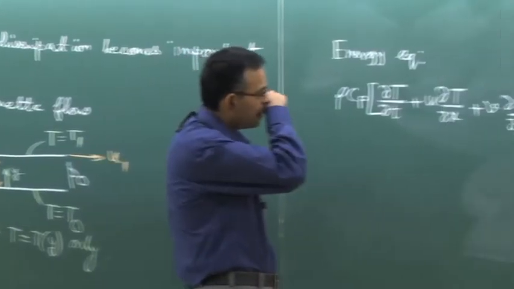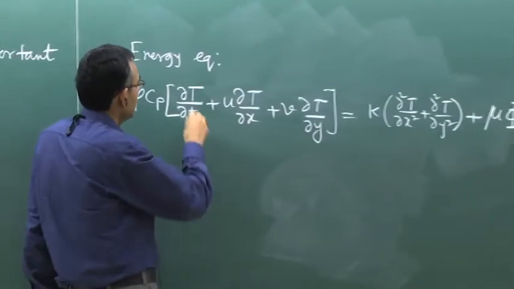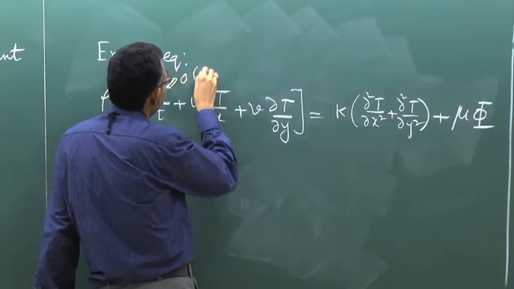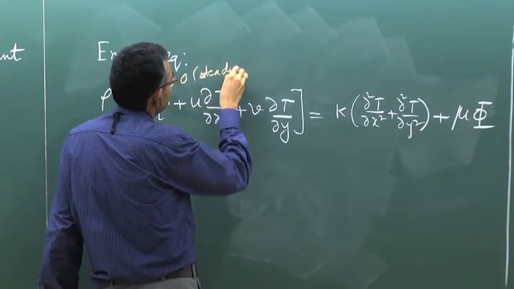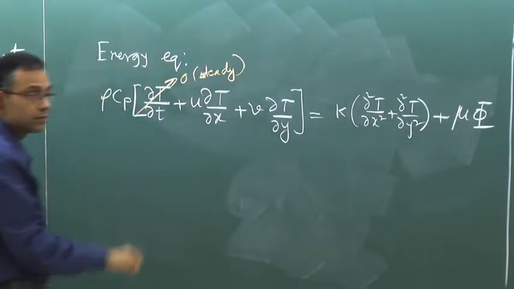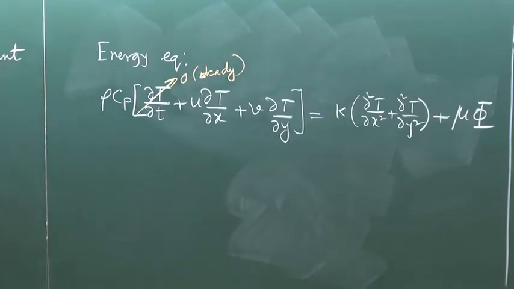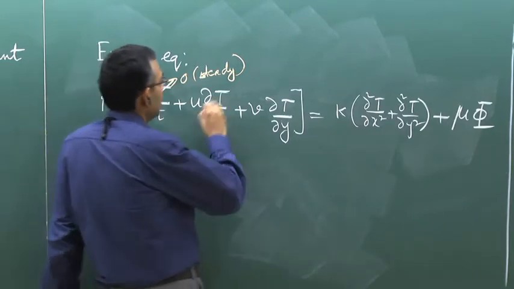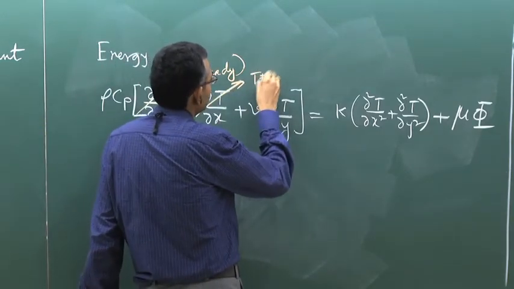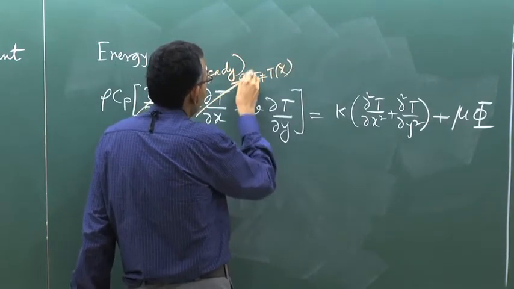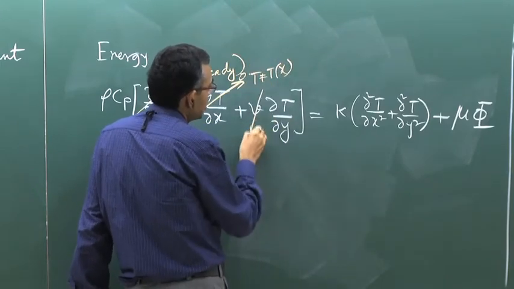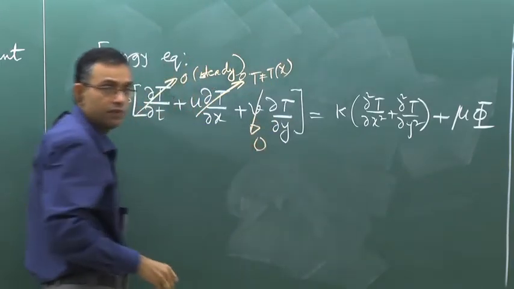Now let us come to the energy equation. This is 0 because it is steady flow. T is not a function of x, so this is 0, and this is 0 because V is 0.